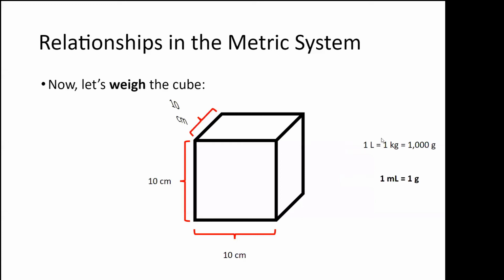So 1 liter equals 1 kilogram, and 1 kilogram equals 1,000 grams. It also follows, and you can set up the math for this yourself as well, that 1 milliliter equals 1 gram. Okay. So this is a way we can relate volume to mass.